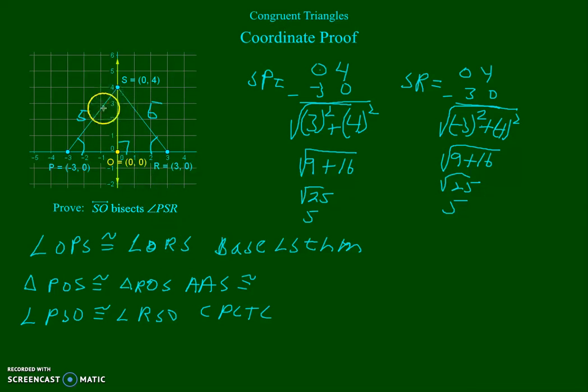So now these two angles are congruent, and therefore SO bisects angle PSR. Definition of angle bisector.